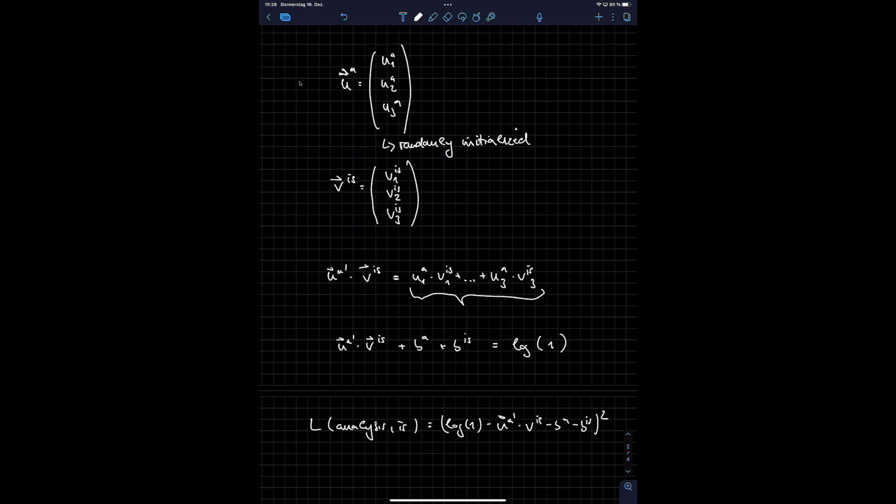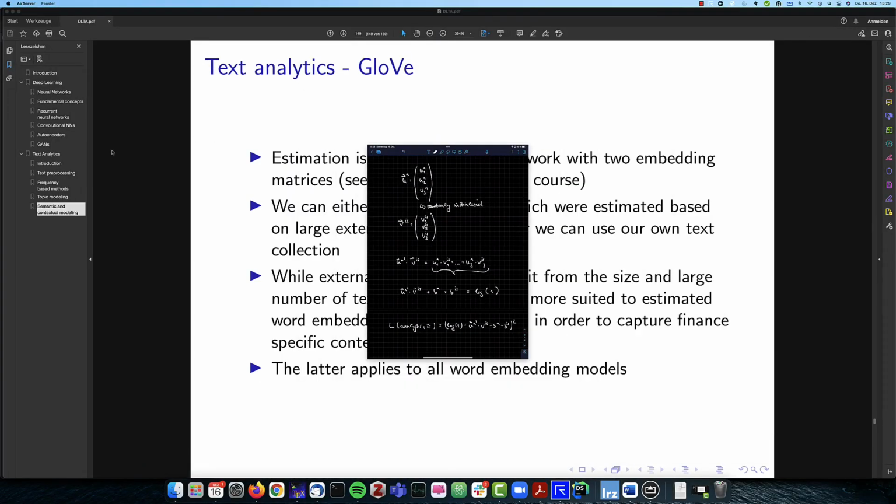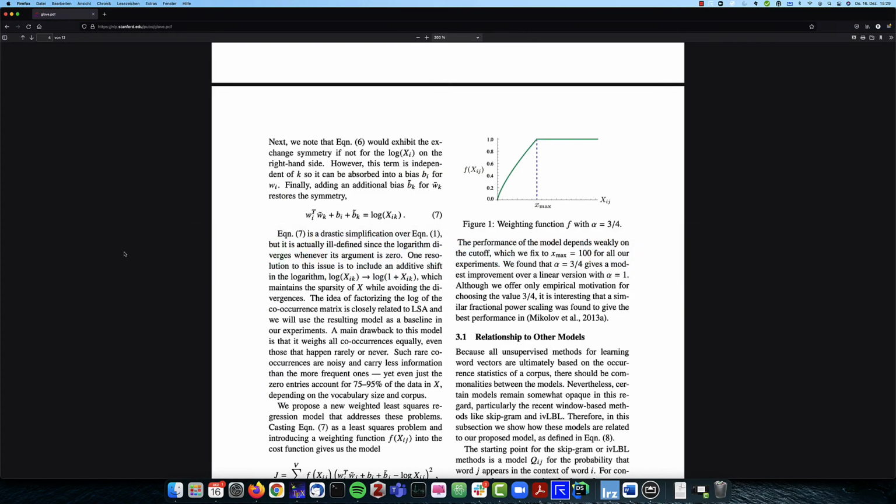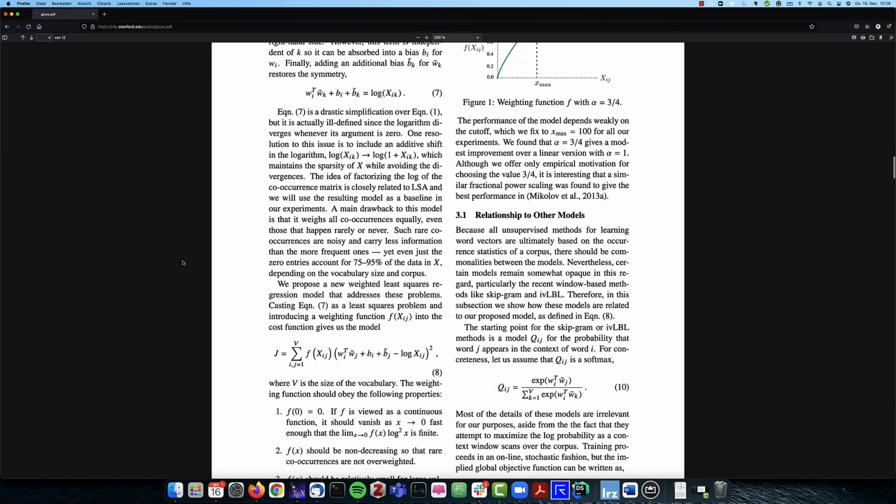And then there are some fine refinements that need to be done to really efficiently estimate the model. How do we handle word pairs or word co-occurrences that rarely occur or that occur very often? In the original paper you will find some information on how this is done with a weighting when we calculate the loss.